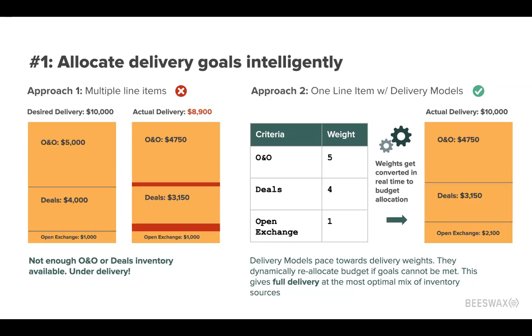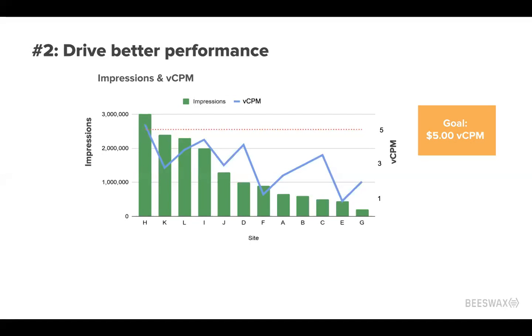So I will go a little bit deeper into how it works, but this is one common use case, around allocating delivery against more premium inventory. Another use case is more around driving better performance.